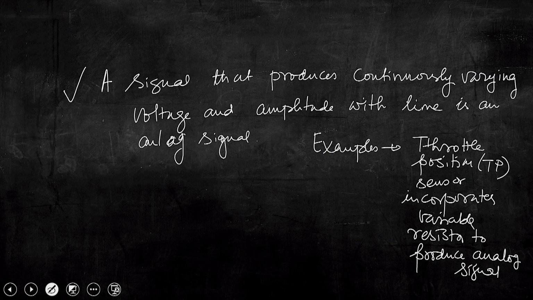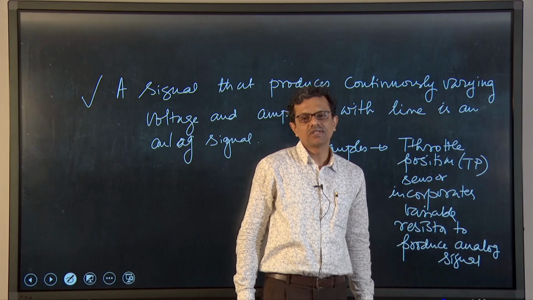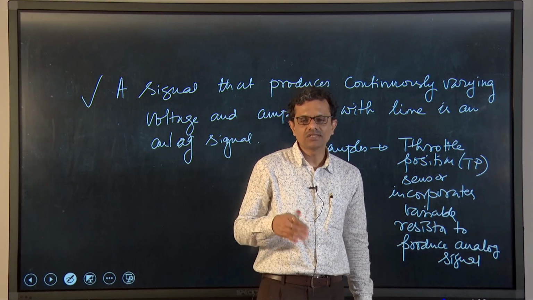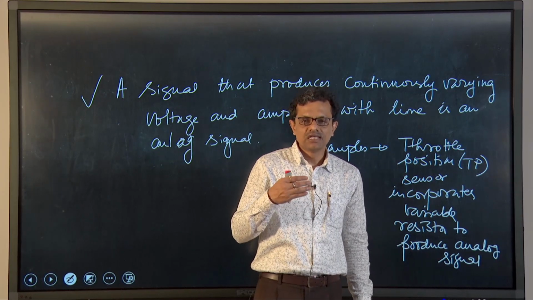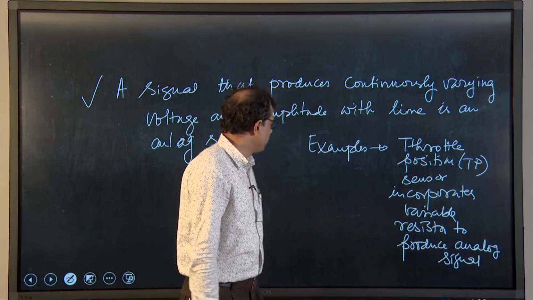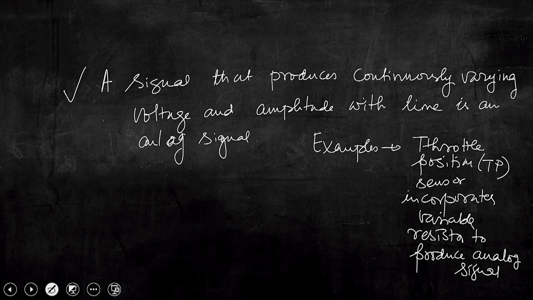Now, typically all analog signals are supplied with 5 volt with reference to the ground potential.